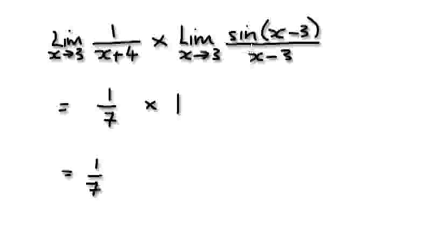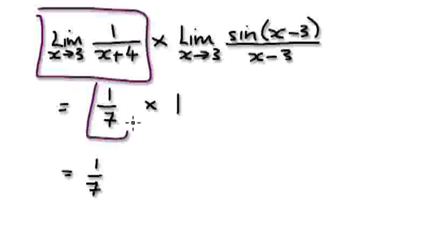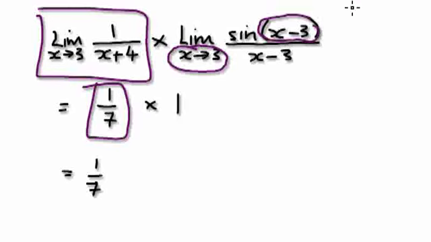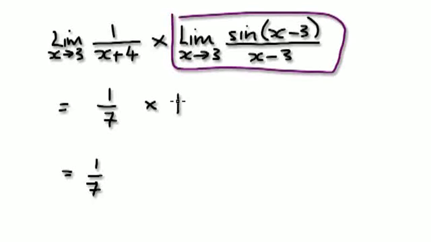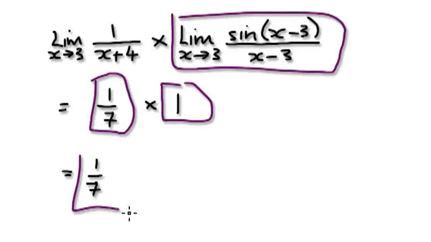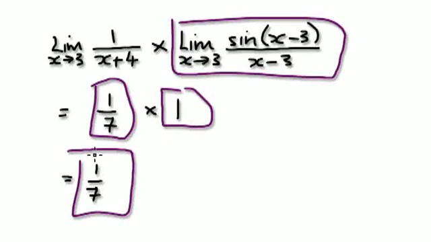So now we are here. So this thing here is 1/7, and even though x is heading towards positive 3, you got to keep your eye on the bubble itself. The bubble itself is heading towards 0, so that means the whole limit here is 1. Okay, so you've got this times this.